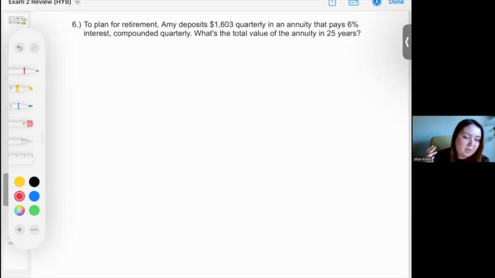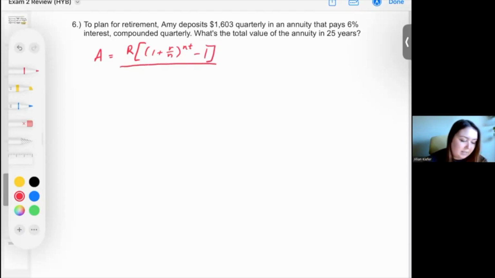So the future value of our annuity, we say is A is equal to R, our periodic payments, whatever they are. For us, that's quarterly, times 1 plus little r over n, so our rate divided by the number of times compounded per year, to the power of n times t, minus 1.